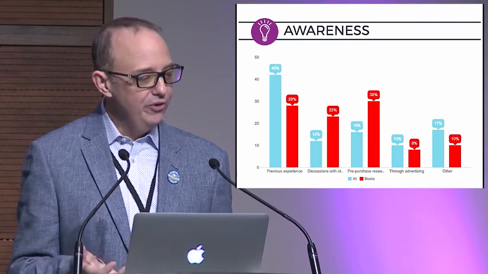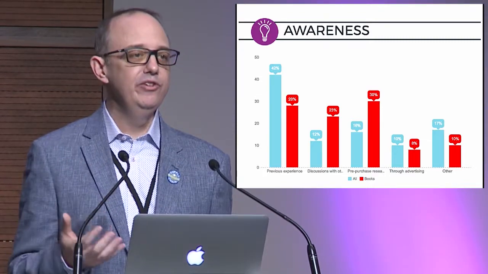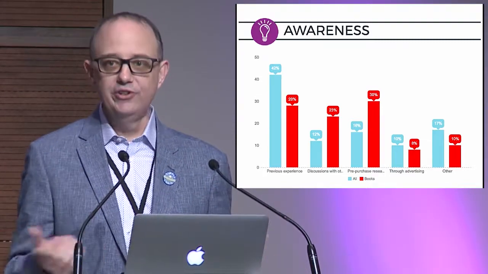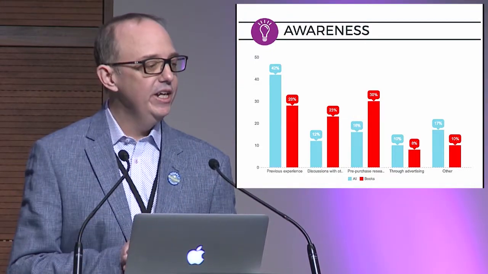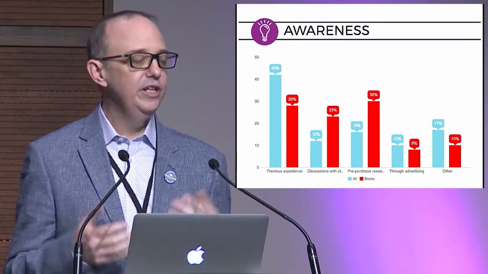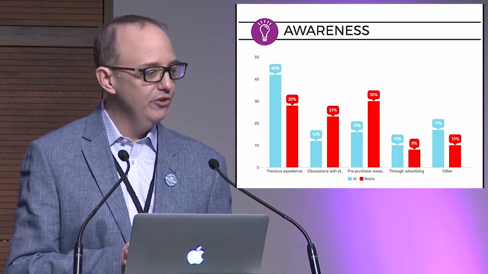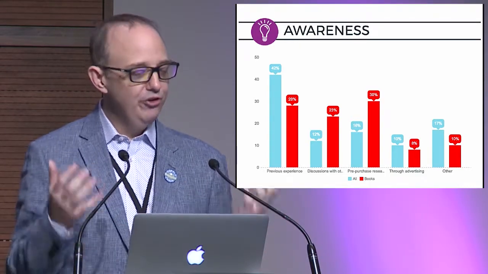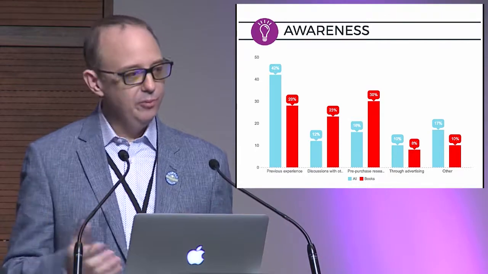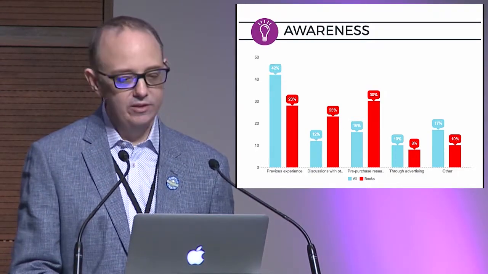So about 28% of book buyers became aware of the book they bought because they had previous experience with that author, series, usually. The next one along there is discussions, getting recommendations from people. That they did pre-purchase research, looking into prices, things like that, and how that correlates to just general. Advertising is not a big driver for awareness, or not traditional advertising anyway, and then other, which may be non-traditional advertising.